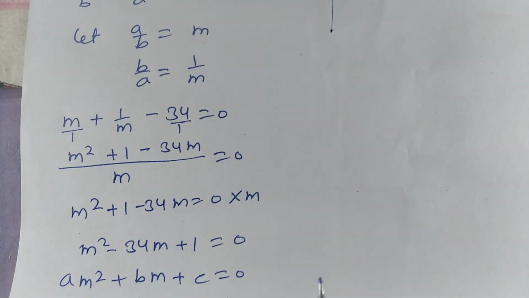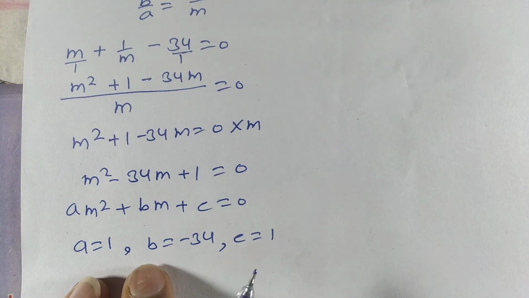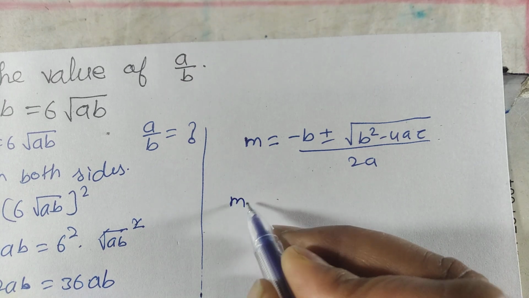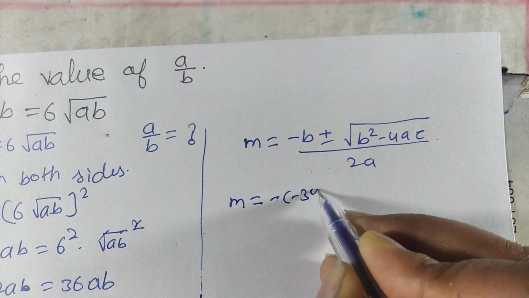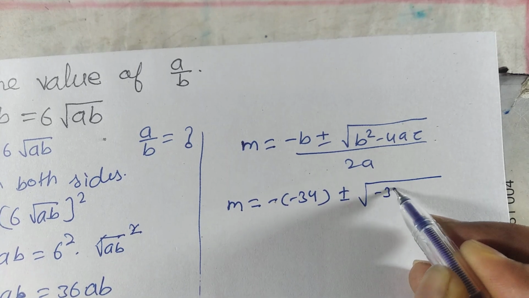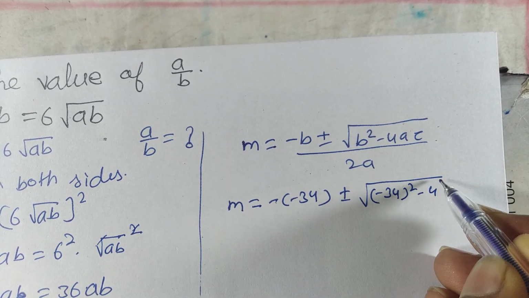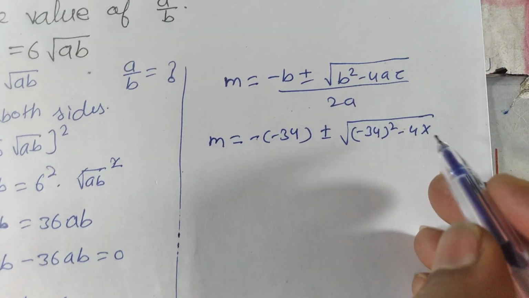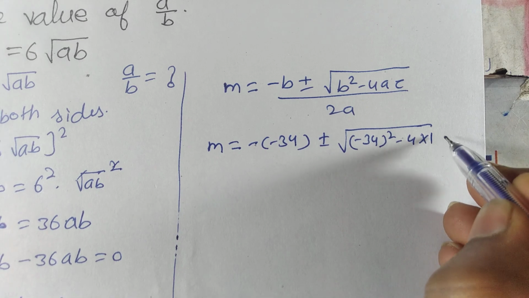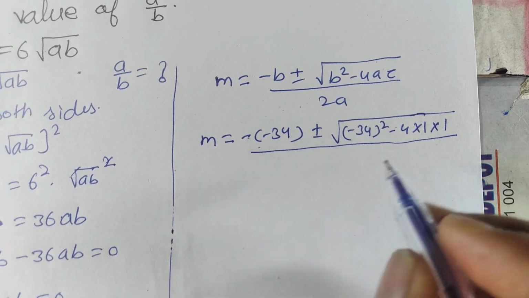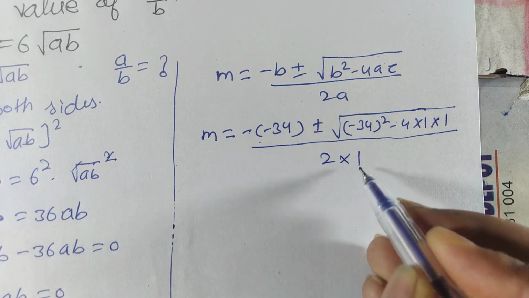The value of a is 1, the value of b is minus 34, and the value of c is 1. So m is equal to minus of minus 34, plus or minus square root of 34 square minus 4 into the value of a, 1, and the value of c, 1, over 2 into the value of a, 1.